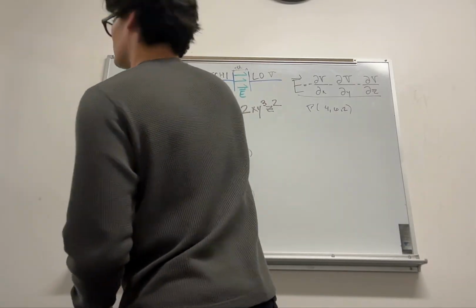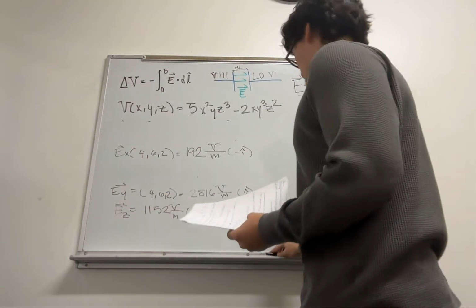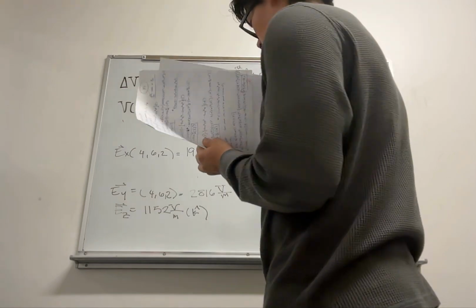So we take our values, we square them and add them, then take the square root. And we're just gonna do that real quick. I'm gonna do this with the blue marker.